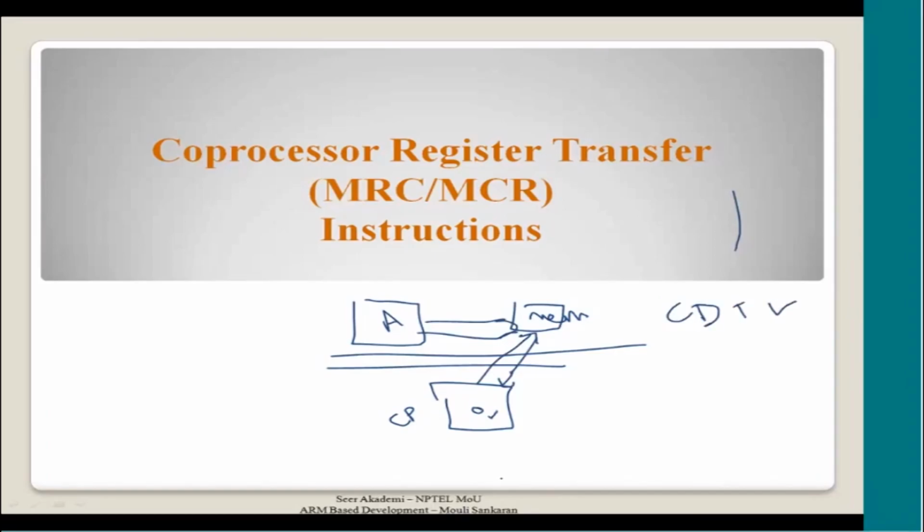Inside the coprocessor, the work is done by CDP. The transfer with memory is the data transfer instruction, but there is one more transfer possible. As I said, ARM is the master and the coprocessor is a slave. I also told you that conditional execution is done based on the flags inside the ARM processor.